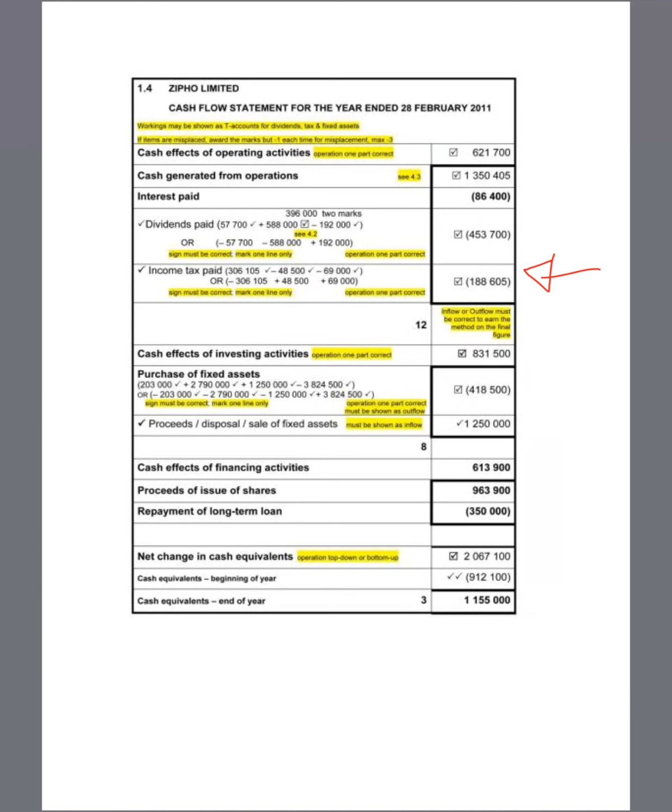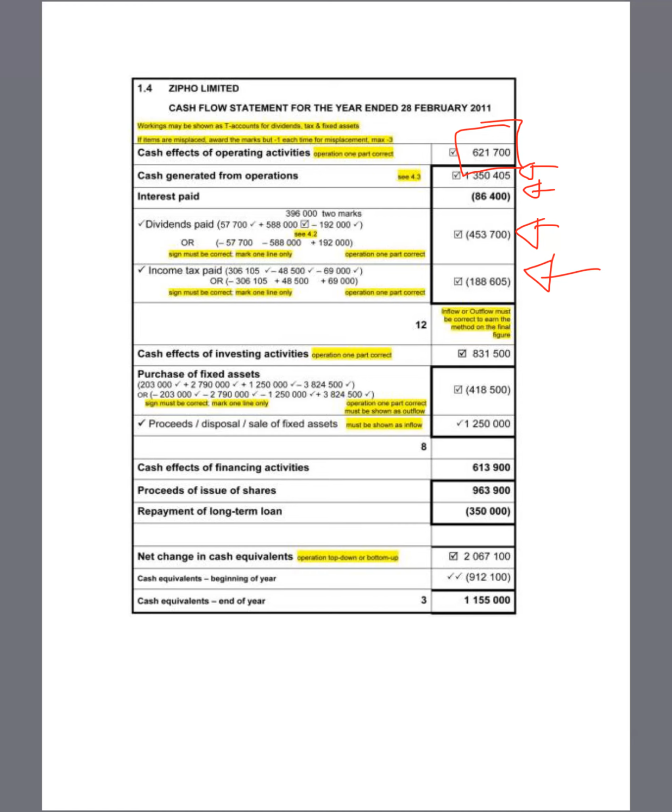So I'm going to take my cash generated from operations minus my interest paid, minus my dividends paid, minus my income tax paid, and then that's going to give me that total here, 105 minus 621,700. Do you see it up there?